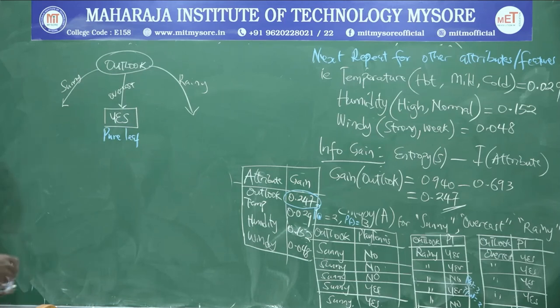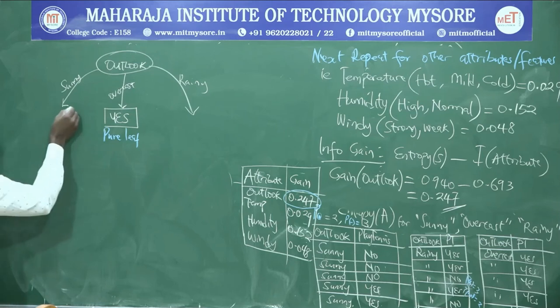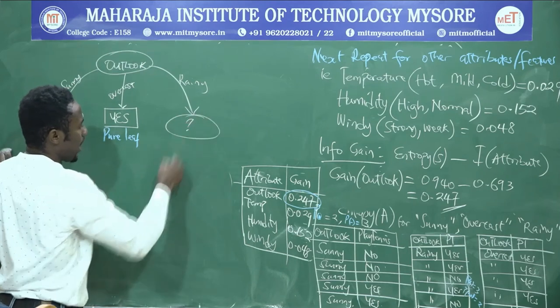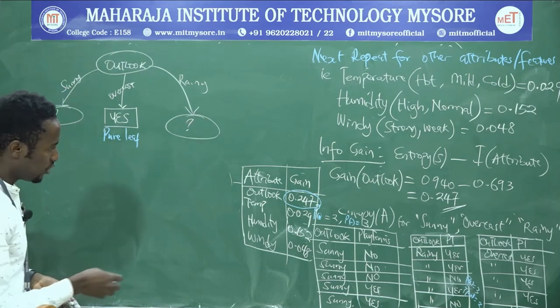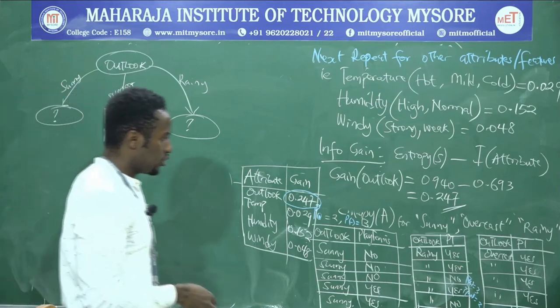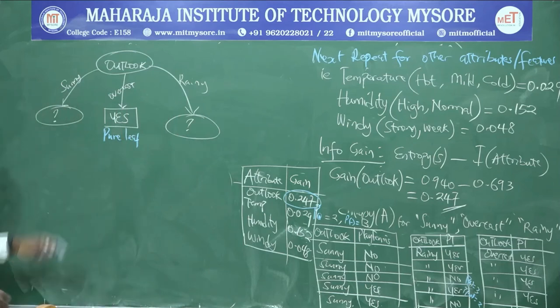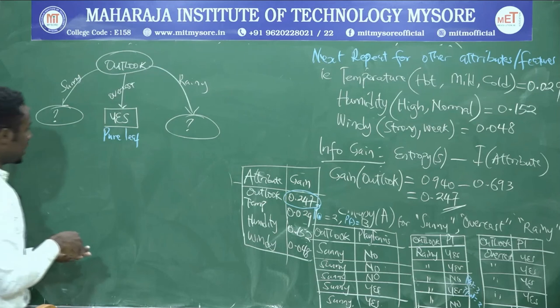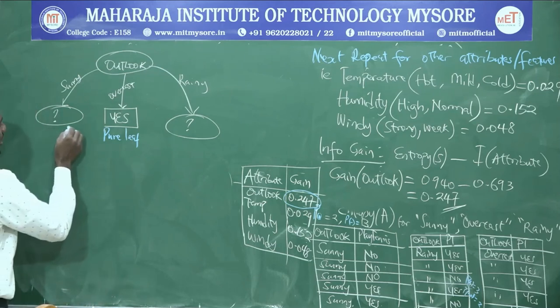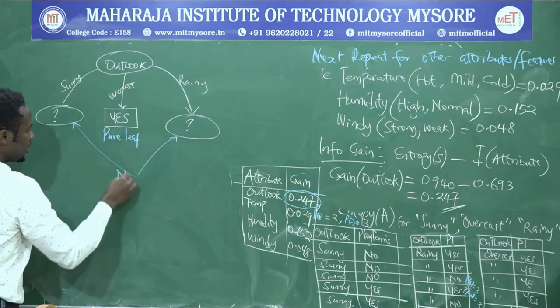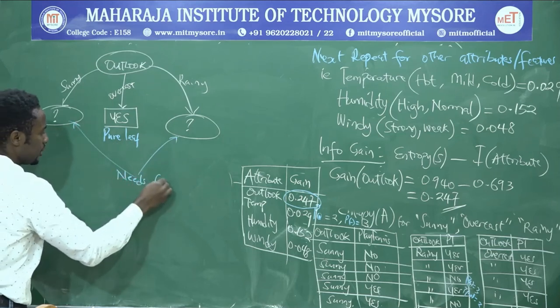I need to know which one should come next, so that is where I will enter step 4. If you go to sunny, you have yes and no. If you go to rainy, you have yes and no. So these two need further splitting.